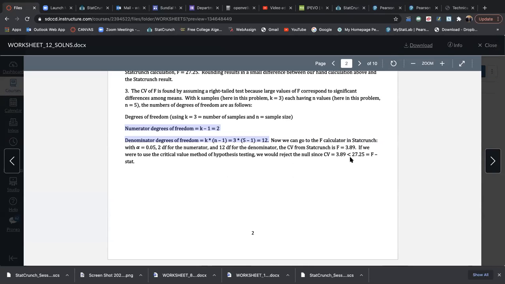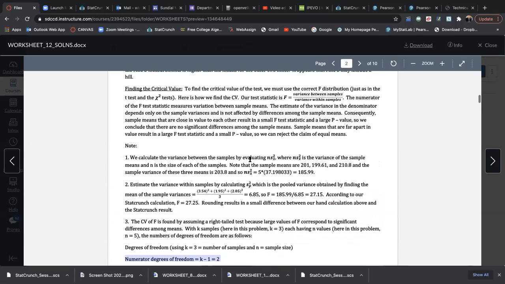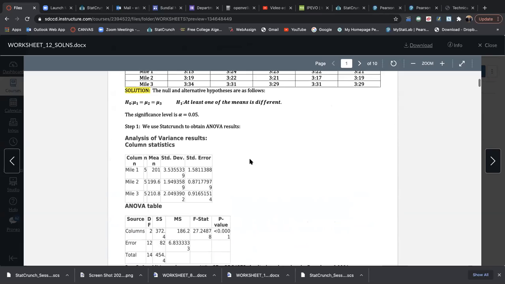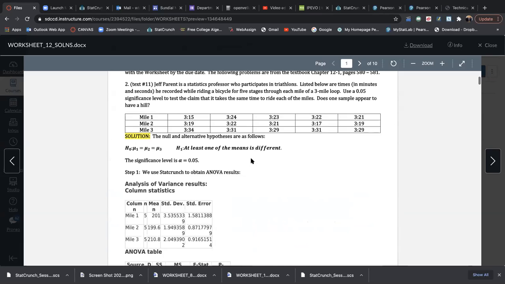It's much smaller than our FStat. Okay, remember our FStat was over 27. So that would allow us to conclude that since this FStat is to the right of our critical value, we would reject.